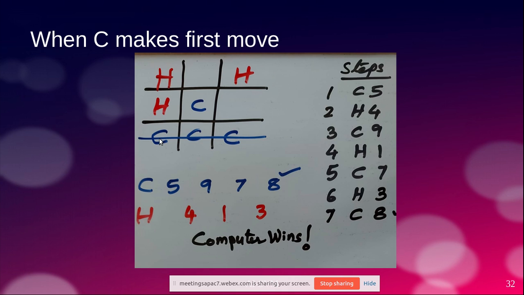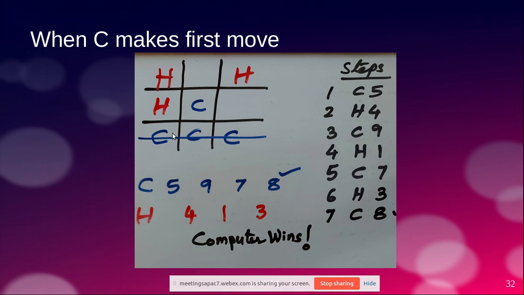Then the computer selects 7. The advantage of selecting 7 now is what we are talking about. Why we should start at the central cell: you have selected the central cell, then 9, then 7. Now if you look at it, potentially we have two winning options.